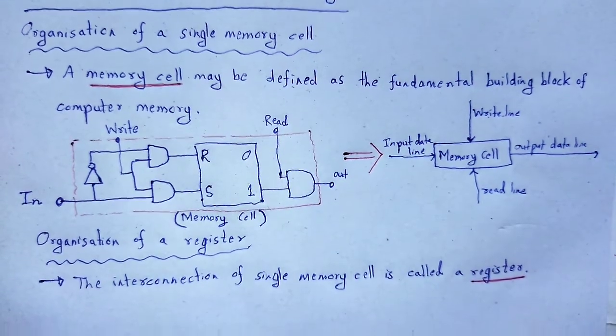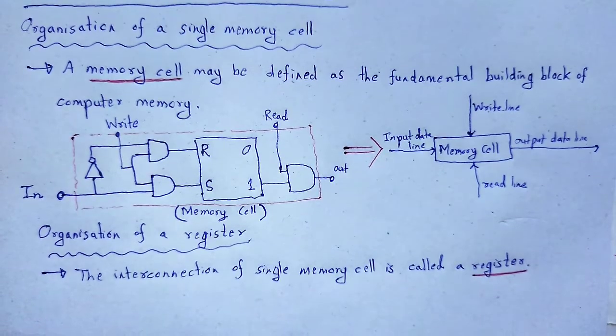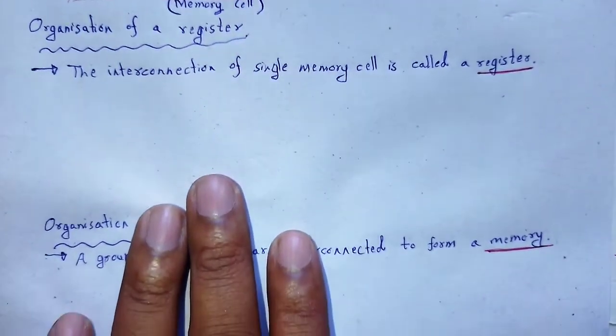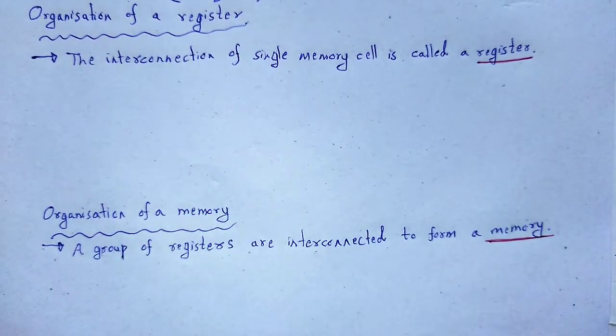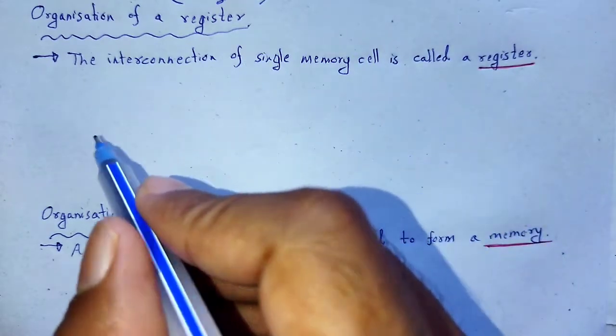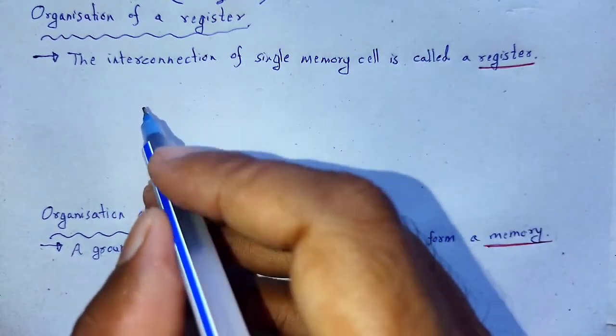So, how is a register organized? Let me take an example of a 3-bit register. For a 3-bit register, you have to take 3 binary cells.